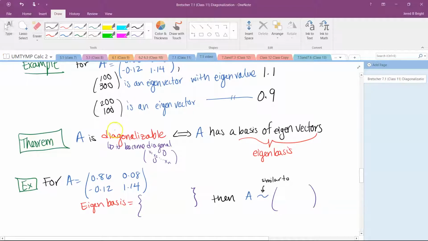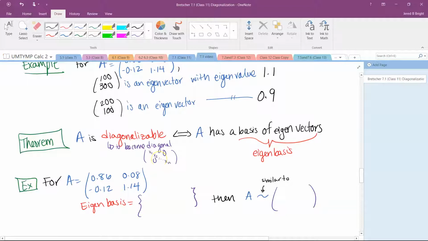So when we talk about diagonalizable, all that means is that it is diagonal. As you can see here, I have a little sketch drawn. We have a matrix, and on the main diagonal we have values, and on the off diagonal we have zeros.